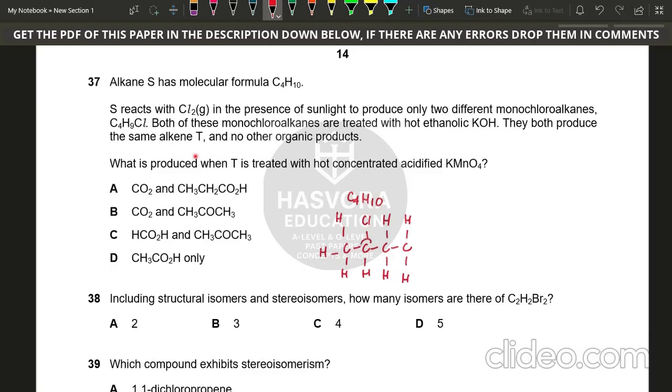If you see from this direction, it is actually carbon number 2, and if you see from this one as well, this is carbon number 3. Let me make the second possibility as well, where the chlorine is bonded to the first carbon atom.